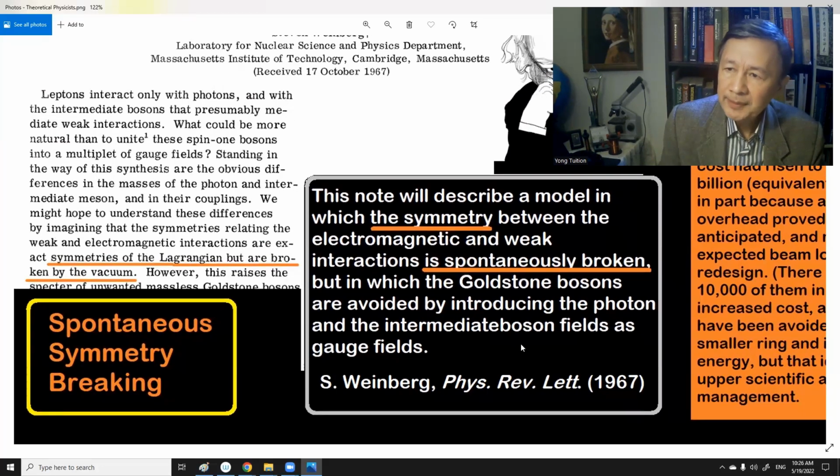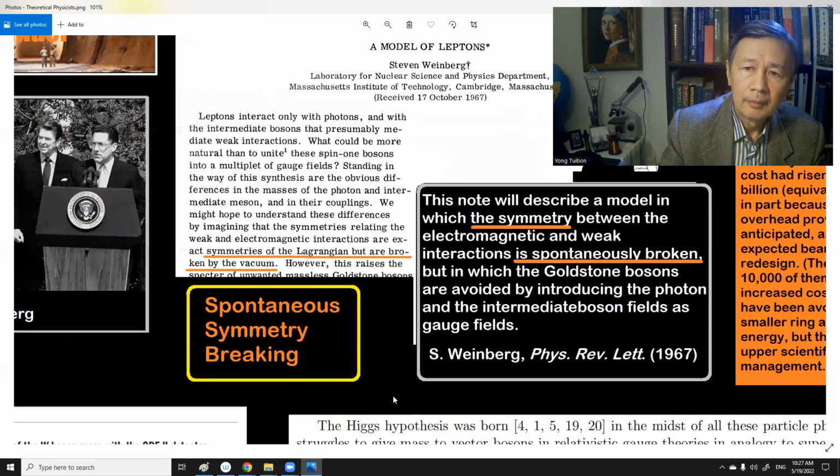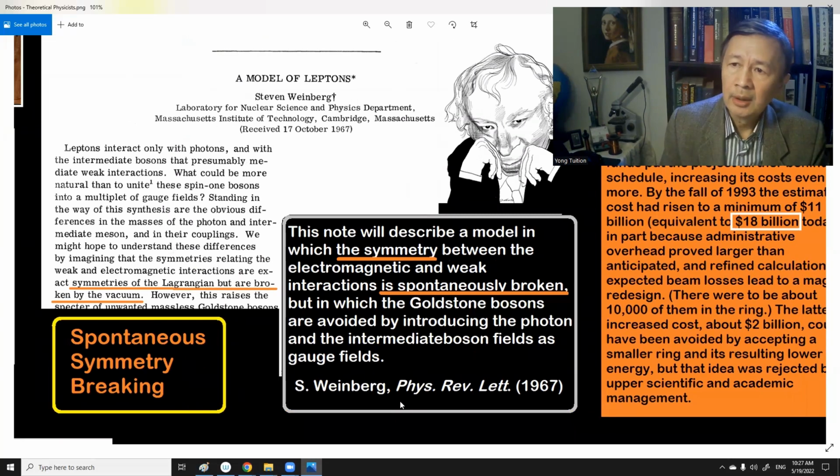However, it seems that Weinberger consciously or even deliberately didn't mention the origin of this idea, namely spontaneous symmetry breaking. So the question is, who is the person who had this idea first?